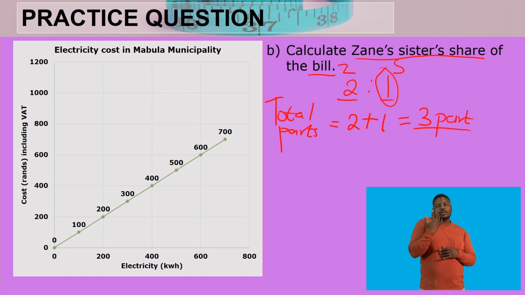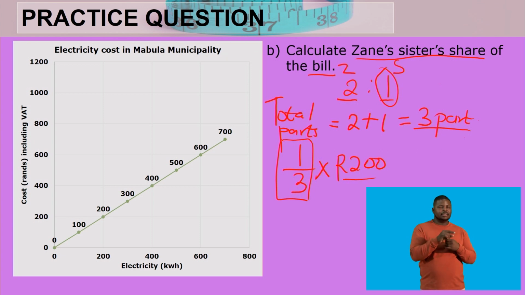So we write 1 part, which is the sister's portion, divided by the total parts of the entire household, which is 3, and then multiplied by the amount which we calculated in our previous question, and that amount was 200 rand. So Zain's sister will only pay 1/3 of the total amount of their bill.